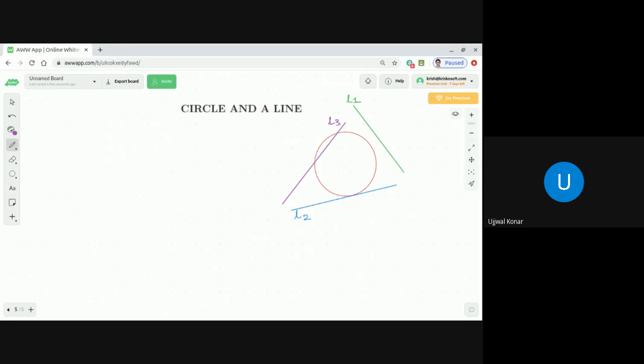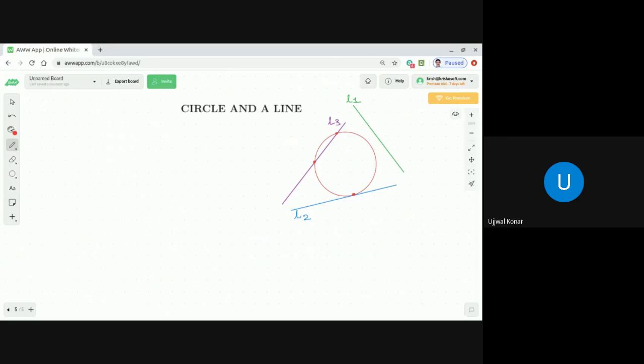Obviously, when it is touching, it is a single point. And this is the point, if you see. And if you look at the straight line L3, you notice that it intersects the circle at two distinct points.